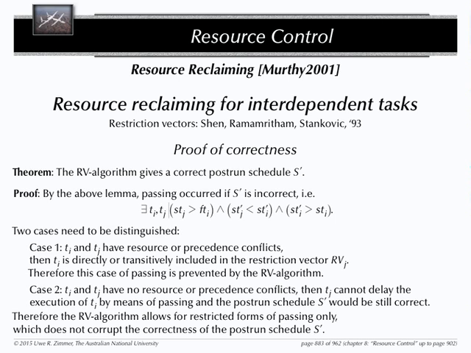If it doesn't have any precedence or mutual exclusion conflicts with you, it would not turn up as a restriction vector, and you would be able to pass that task. But if that's the case, if it doesn't have any dependencies with you, and you pass it, nothing happens.